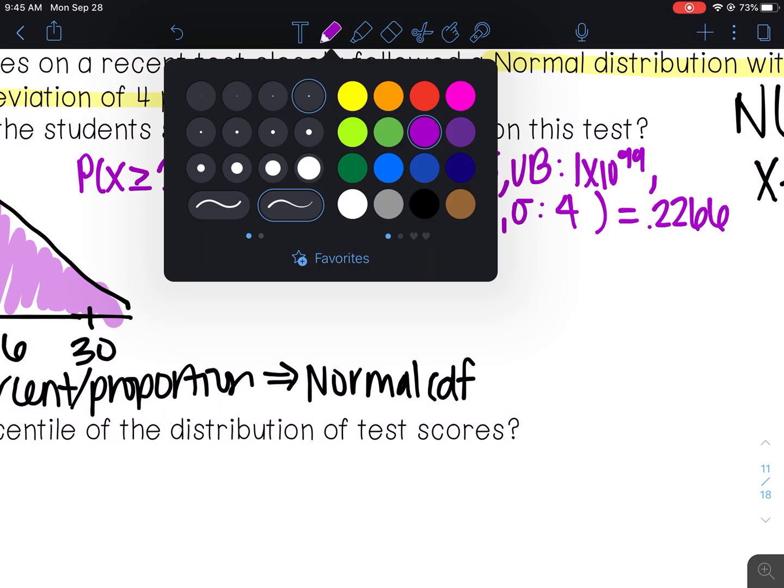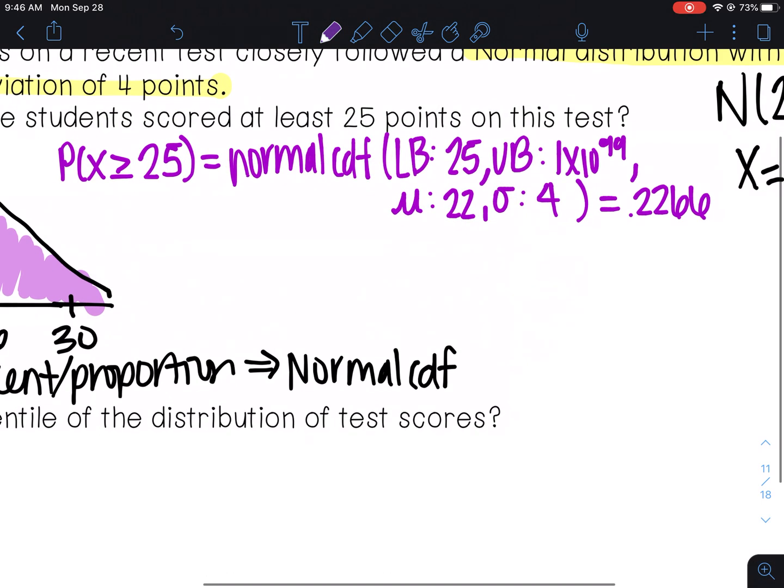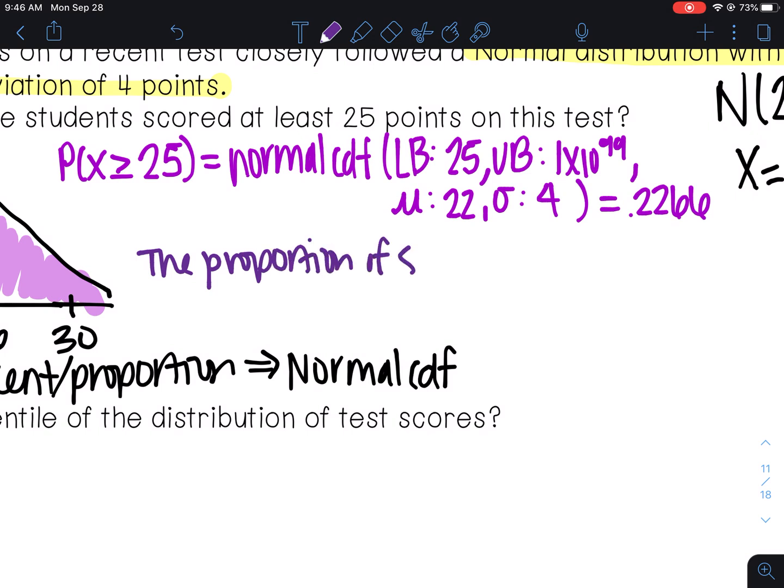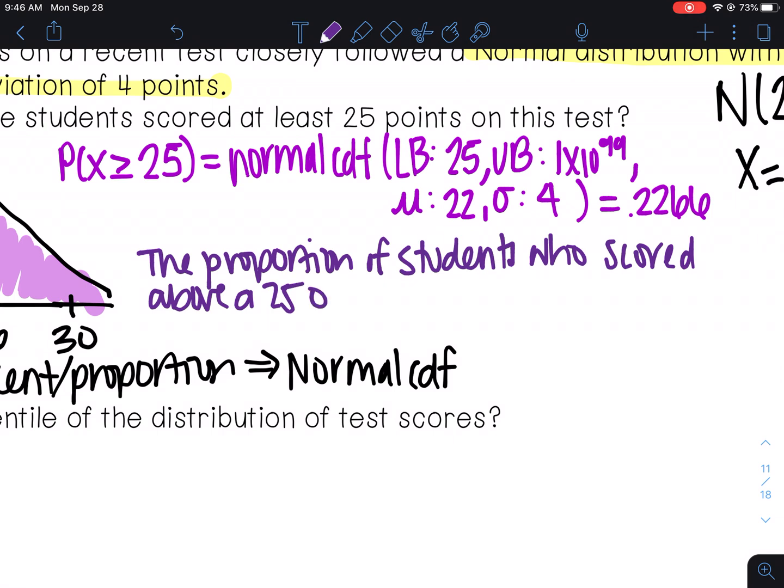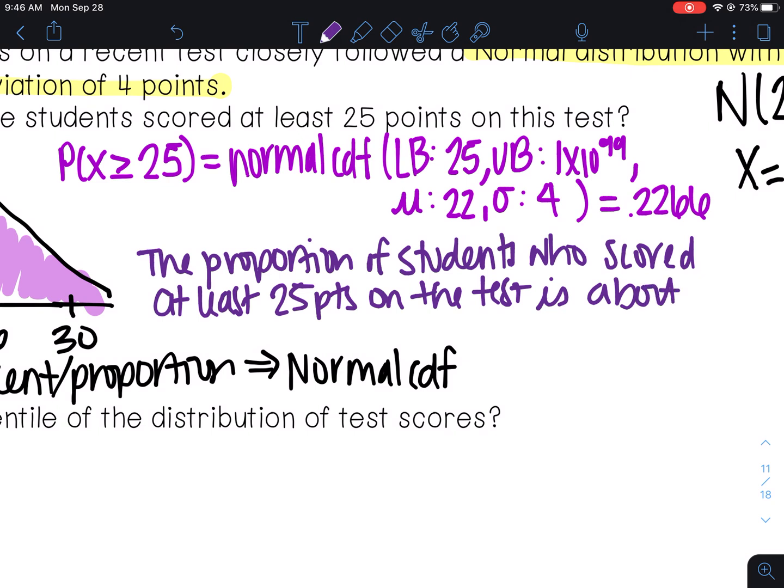So I could write this answer, because I need to write a sentence now, two different ways. I could say that about 22.66% of students scored at least 25 points on the test, or I could go the route with the proportion, and say the proportion of students who scored above a 25, or at least I guess would be the correct wording, I want to match the problem, 25 points on the test is about 0.2266.